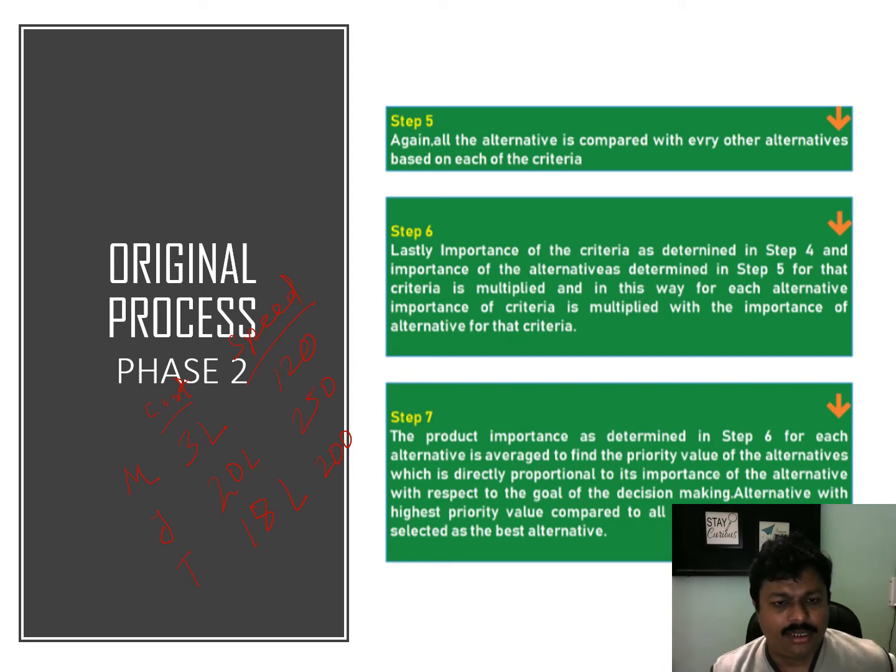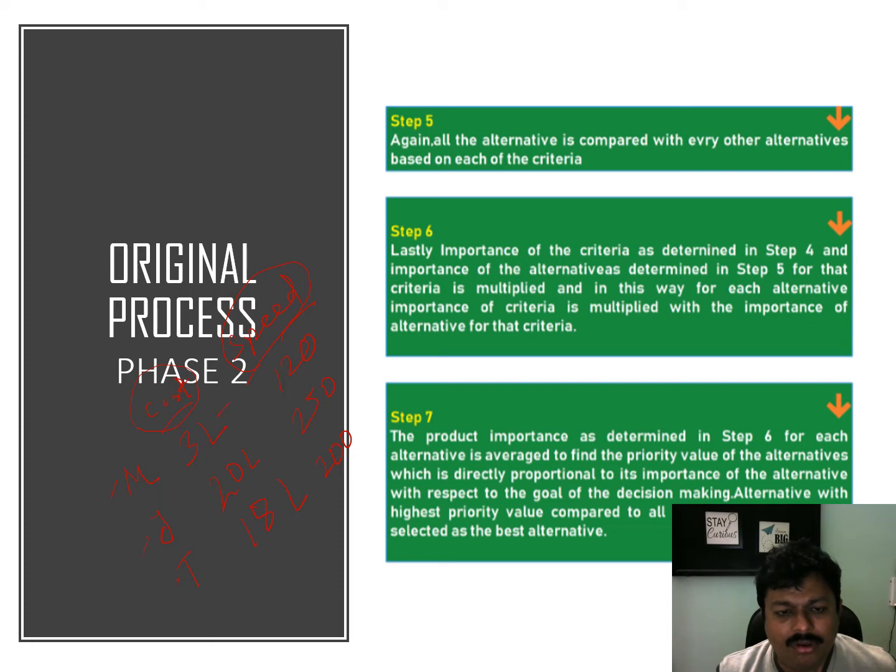Now what we will do is, first we have to find the weightage of importance of each of these alternatives with respect to the other alternatives for the criteria cost as well as for the criteria speed. So the first step will be to rank the alternatives with respect to cost. Now lesser the cost, more preferred will be the alternative.